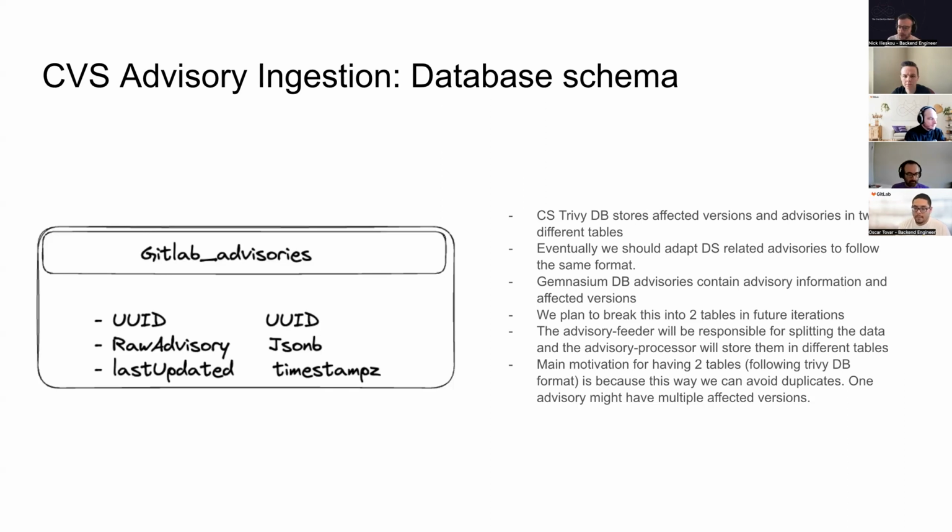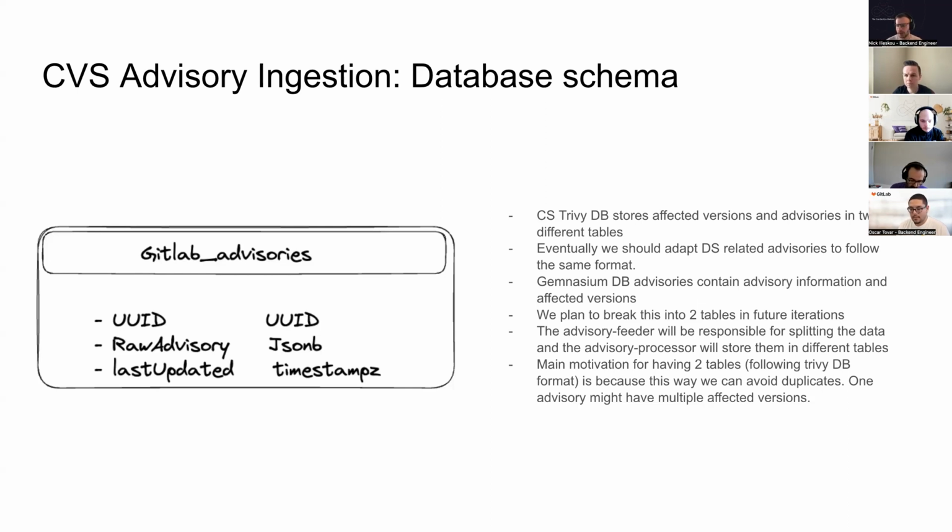Now, the interesting thing is that for container scanning, TriviDB stores the affected versions and the advisory in two different tables, right? But in Gymnasium DB, we just have one object that has the advisory details and also the affected versions.